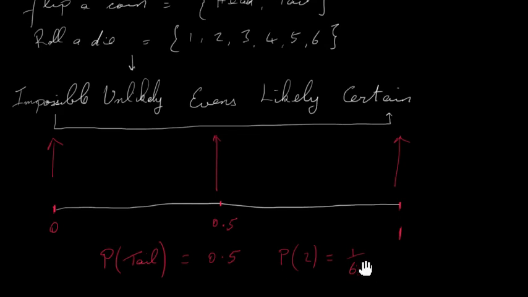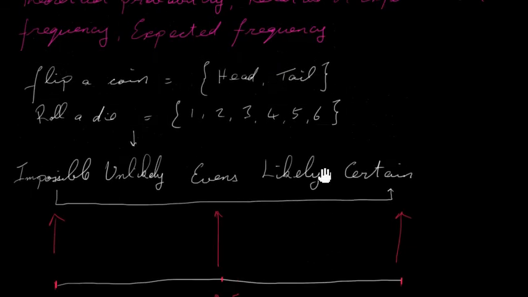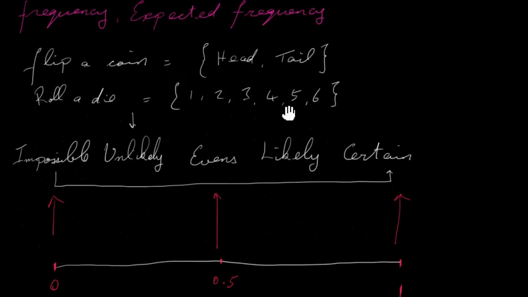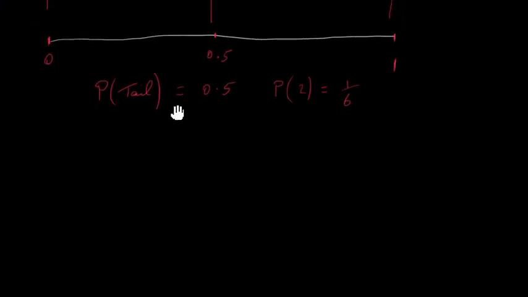And same with a die. If you roll a die, if it's a fair die, if it's equally balanced, the theoretical probability of getting any particular number is going to be 1/6, because there are 6 numbers. That's your theoretical probability. Now, relative or experimental frequency is what I'll just have a quick look at now.